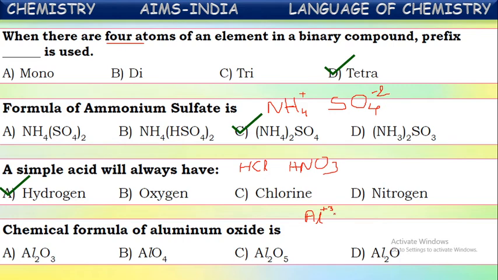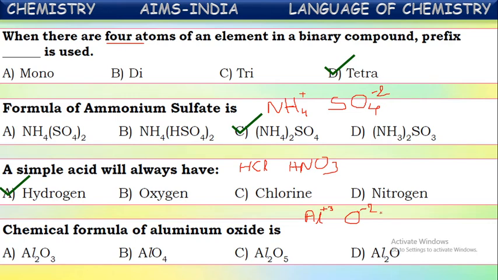Next, the oxide ion, the ion formed by oxygen. We know oxygen will form an O minus 2 ion. So the formula of oxide is O minus 2. Now, in the second step, we eliminate the highest common factor from their valencies. The valency of aluminium is 3, the valency of oxygen is 2.